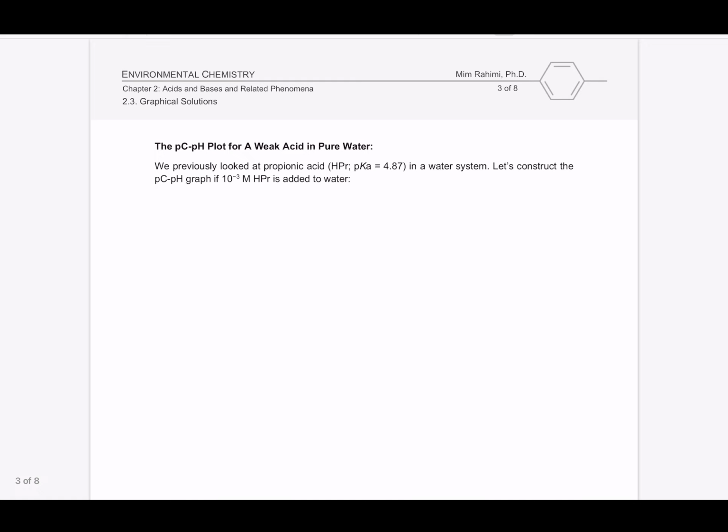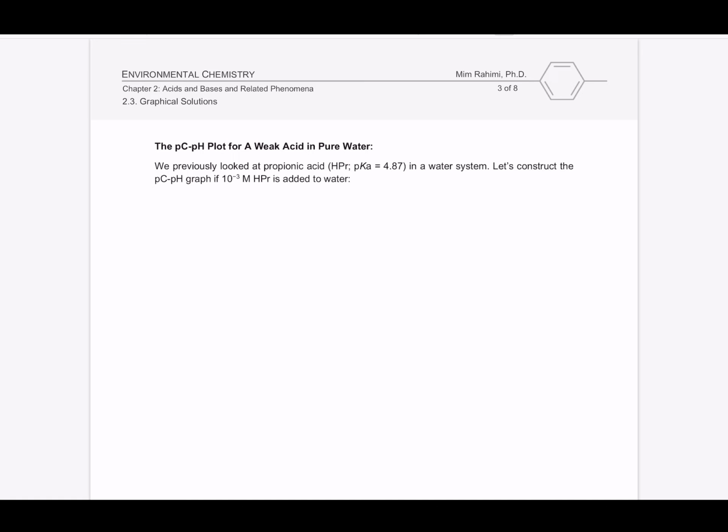So in this particular example, we're actually looking at propionic acid, something that we looked at in the previous lecture, but using algebra. We approached this using algebra, followed by a few assumptions, and we tried to make it as simple as we could, going from a polynomial equation to a quadratic equation and then to a linear equation.